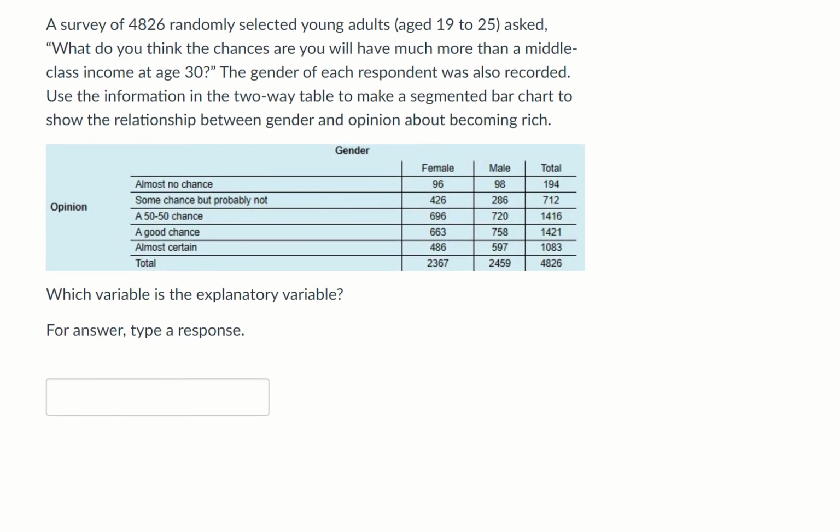This is the same question that we answered before, for females and males on becoming rich, whether they'll be rich at age 30. But here they're asking which variable is the explanatory variable. So the explanatory variable in this case is gender, because we think that gender affects their opinion here. And so we'll say it's gender.